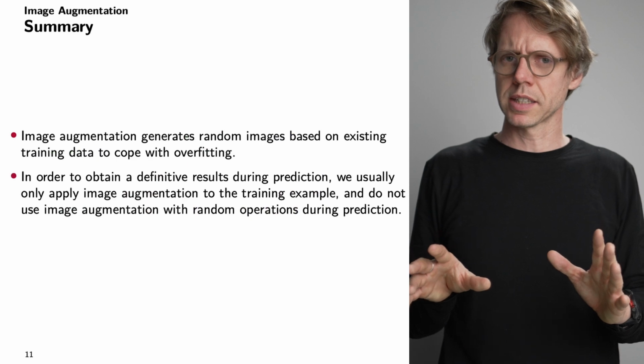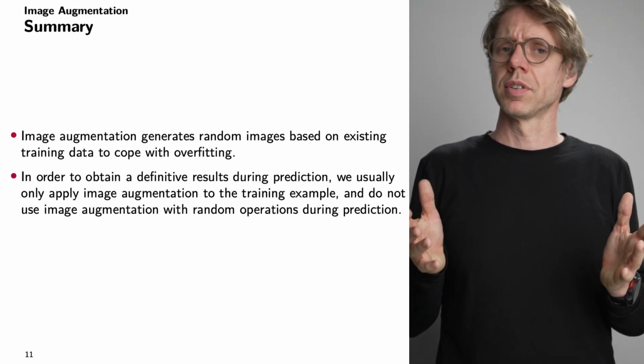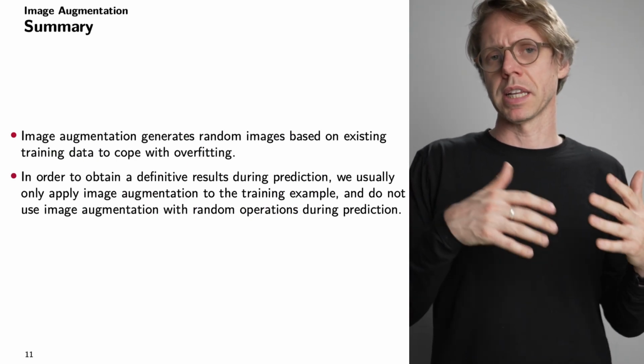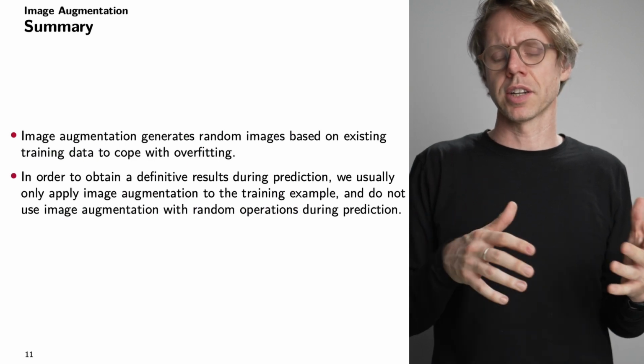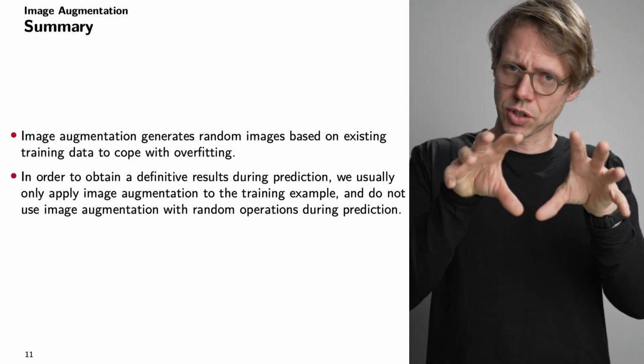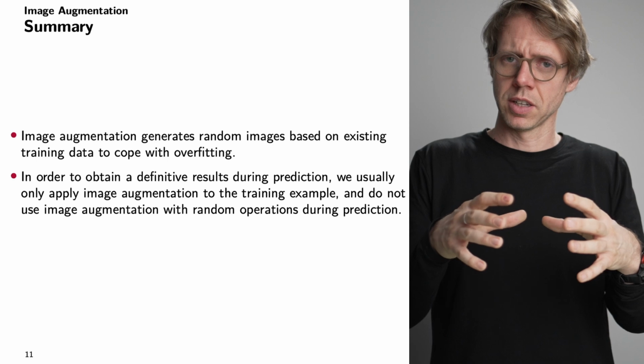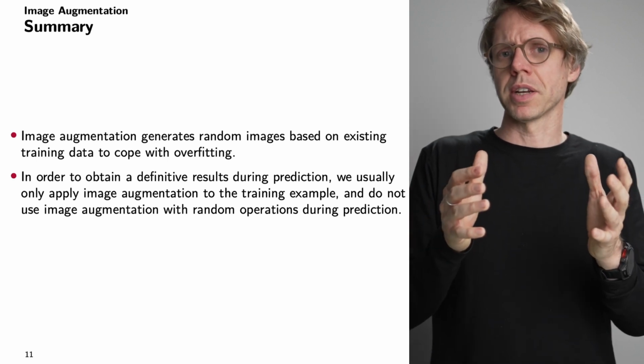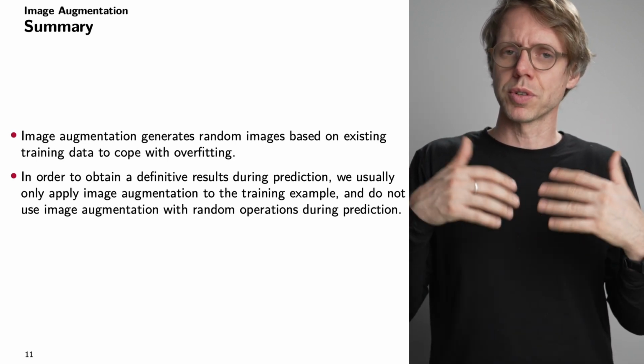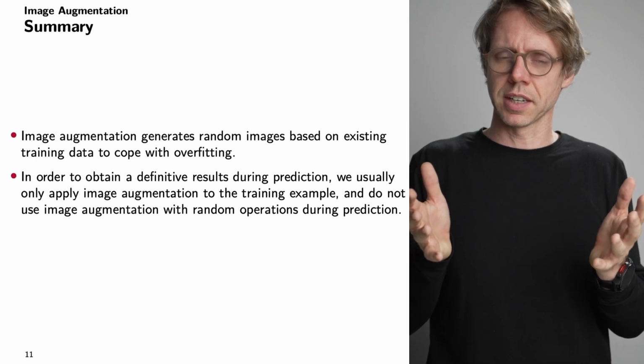So let's summarize. Image augmentation generates random images based on existing training data to cope with overfitting to the training dataset. So remember that one way to reduce overfitting is to increase the size of the training dataset.